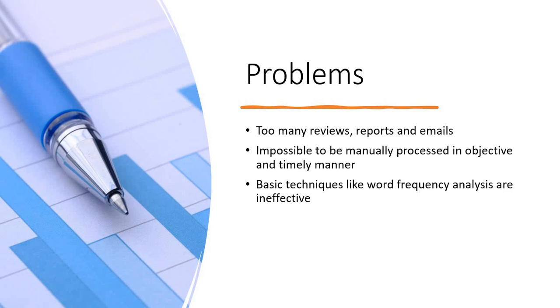Also, basic text analytical techniques like word frequency analysis are ineffective in this case because this data is very large, and these techniques like word frequency analysis or co-occurrence analysis can discover some information, but that information might not be very useful in this case.